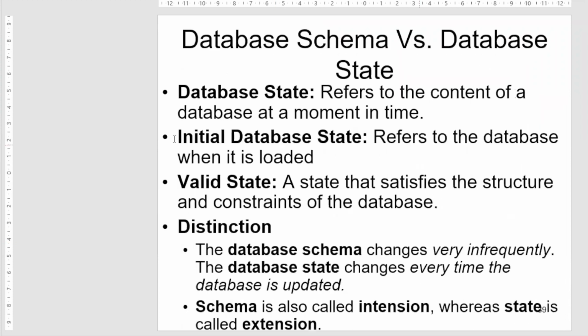Then the initial database state: how the database is when we first load it. That should be a valid state to work with. If that database satisfies the structure we have defined and the constraints we have imposed, then it is in a valid state.